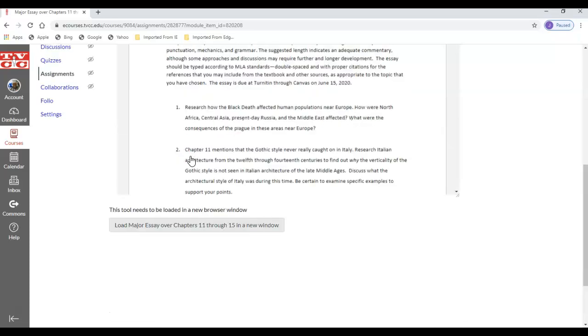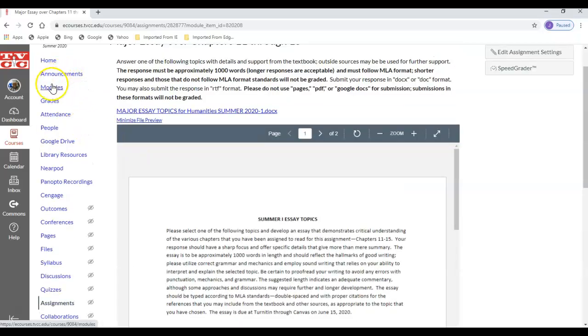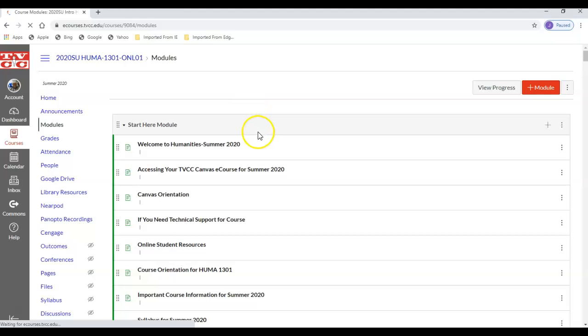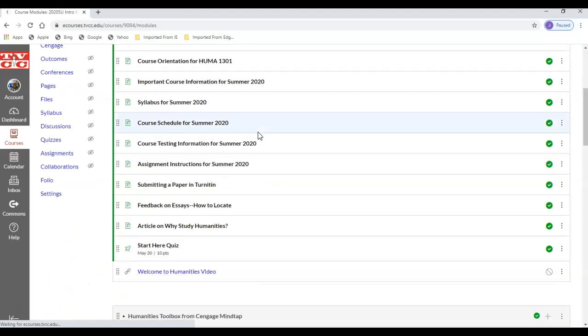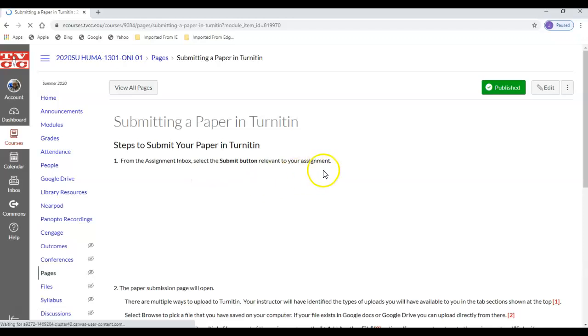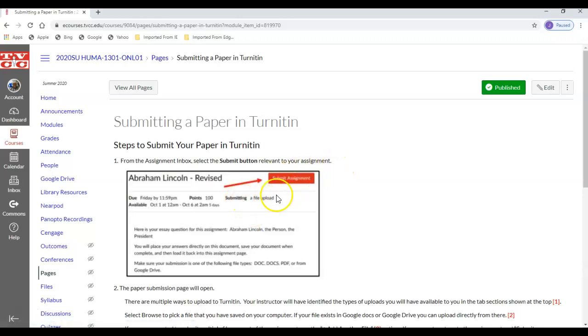If you have any questions about how to upload to Turnitin, underneath the Start Here module, there is a submitting a paper to Turnitin discussion. As I said, when you click on it, you're going to see a Submit Assignment button.